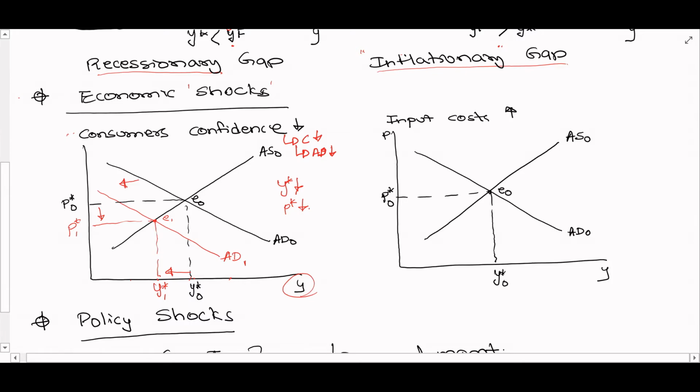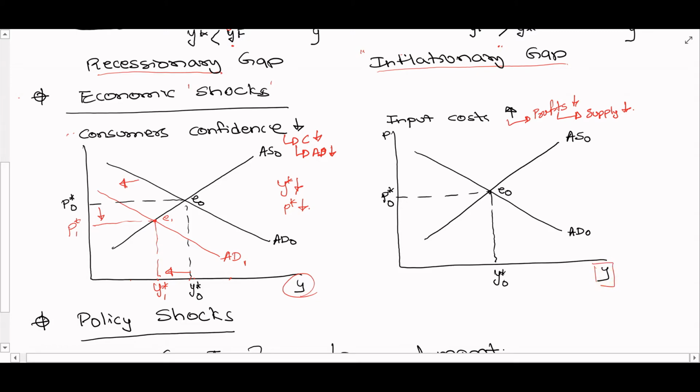The second scenario is, think about input cost going up, right? So the cost of production goes up. If the cost of production goes up, profitability of the businesses will be lower, and if profits are lower, they would want to supply less, and less is on the left side.